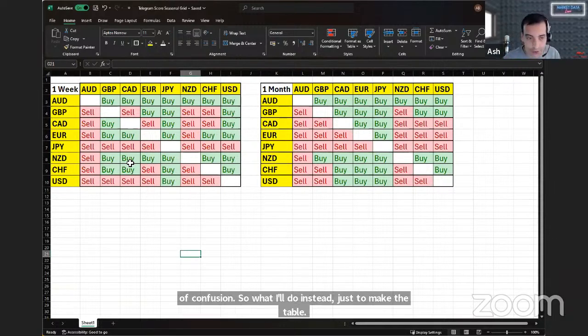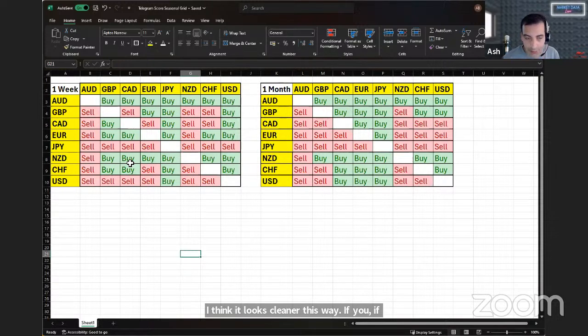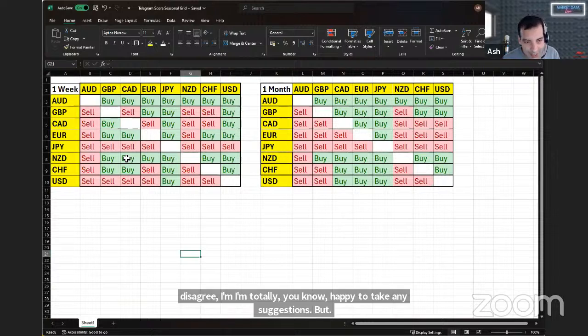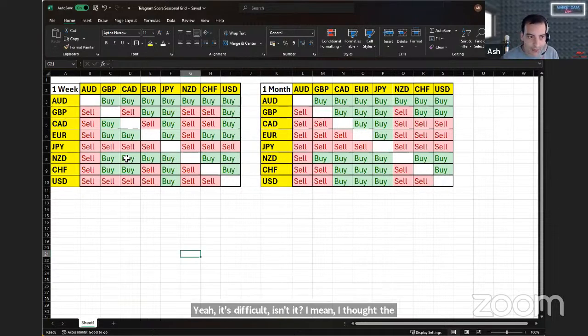If you guys disagree, I'm totally happy to take any suggestions. But yeah, it's difficult, isn't it? I thought the same thing, and I thought, is it clear enough? But I'll try and put in a text box which suggests which way you should be reading it, and hopefully I can make the language clear enough so it's not confusing. No worries. I'll put a text box in down below each one.